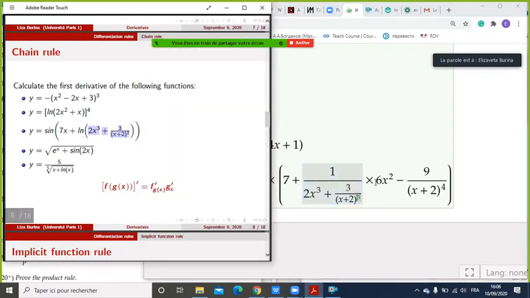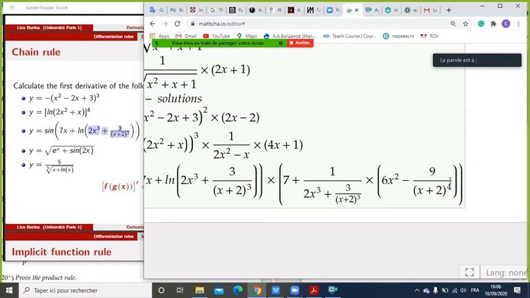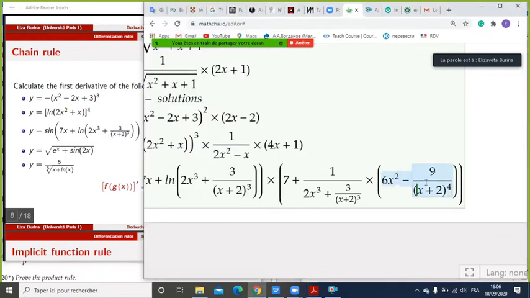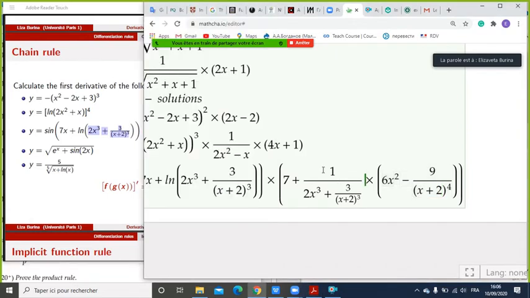And the derivative of the inner function will be 6x squared minus 9 over x plus 2 to the power of 4. So this parenthesis is just the derivative of this thingy. And then since it was inside the log, we have to add the derivative of the log.